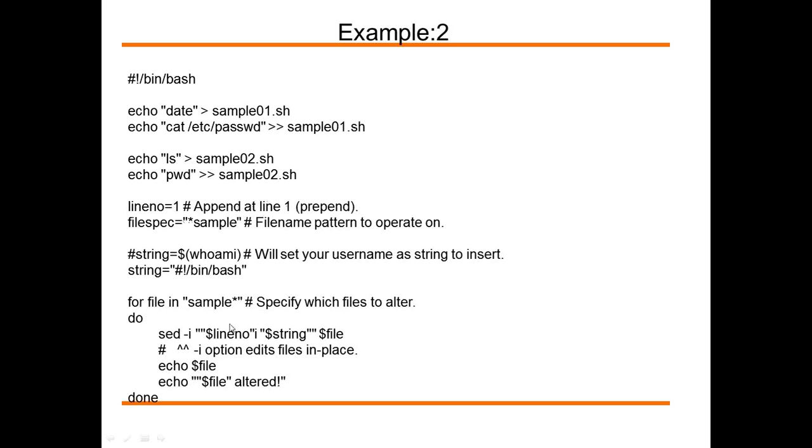If you want to add something at the top for all the files in your directory, sed -i edits the files in place. At the specific line number, it replaces the string on each and every file. But just practice this at home. But I wanted to cover this example 3.